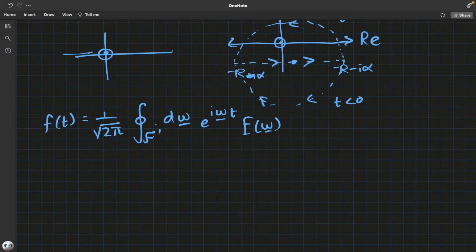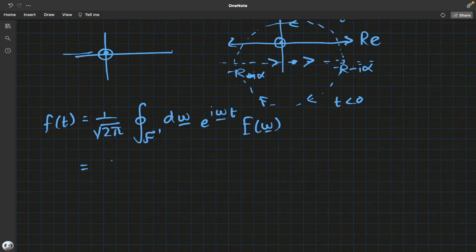This is an entire contour integral which is equal to the integral on this lower segment here, because the top part or the bottom part, depending on what contour you choose to do first, goes to 0.